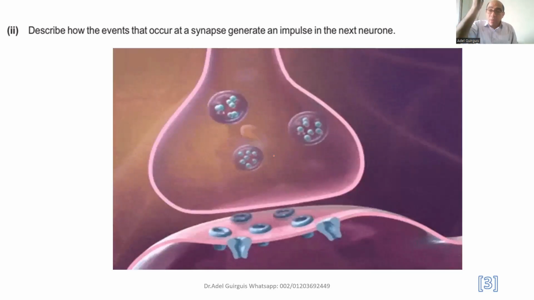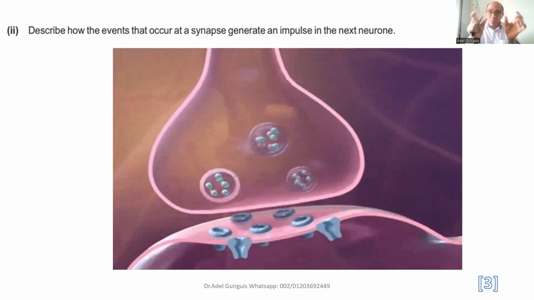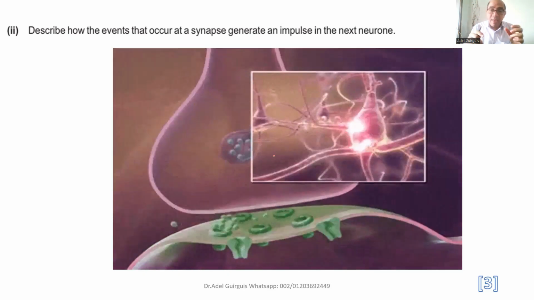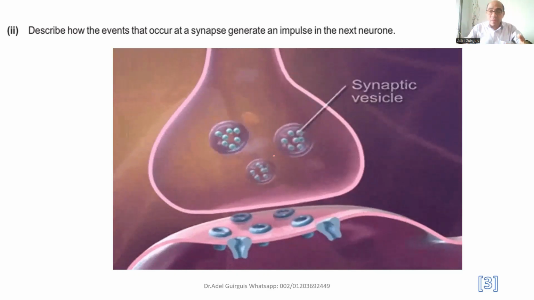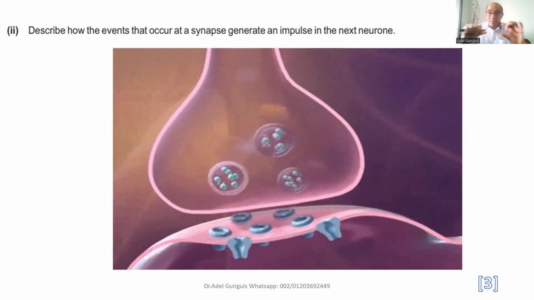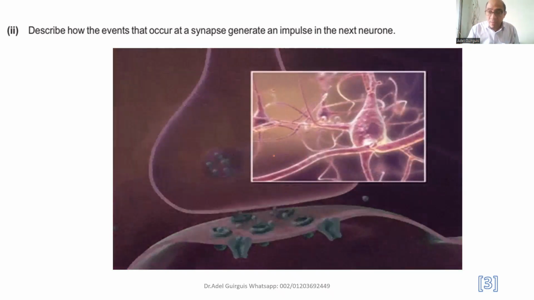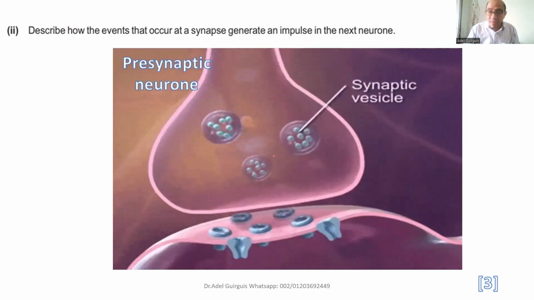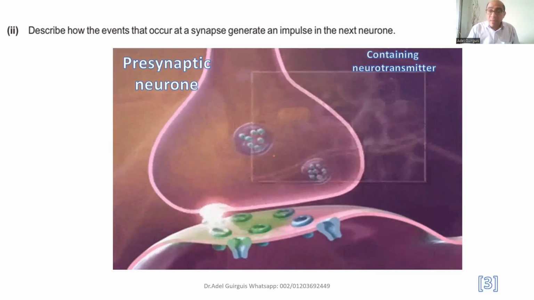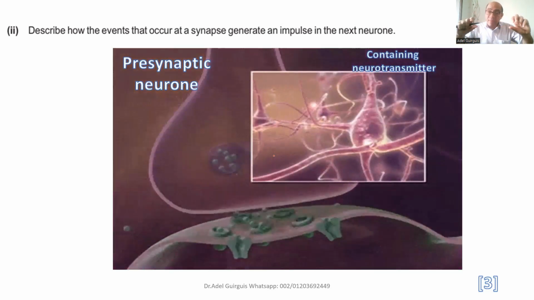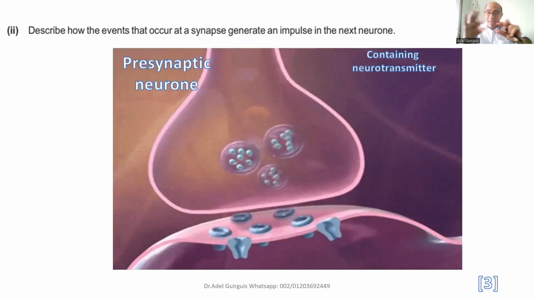What happens when a nerve impulse reaches the swelling area of the presynaptic neuron? It triggers the vesicles containing neurotransmitter to move down towards the presynaptic membrane. The vesicles reach the membrane, diffuse and release neurotransmitter into the gap.